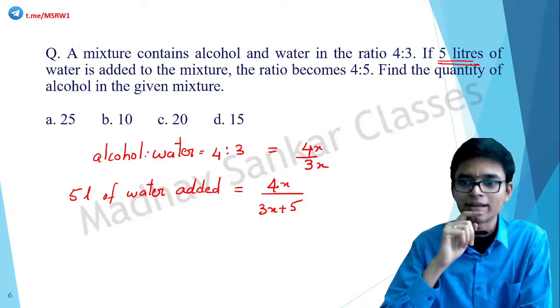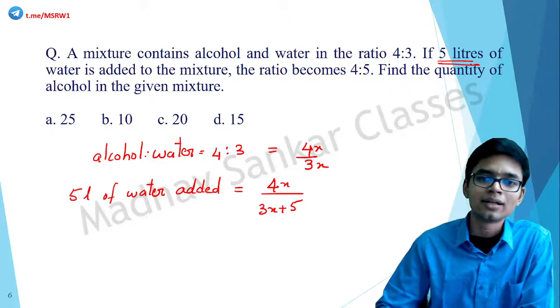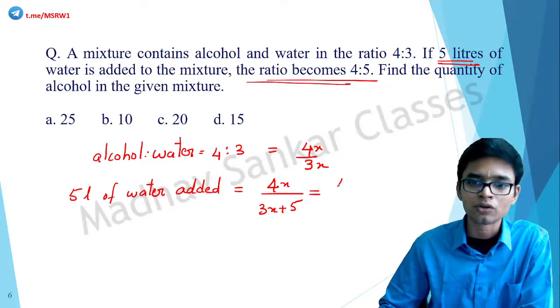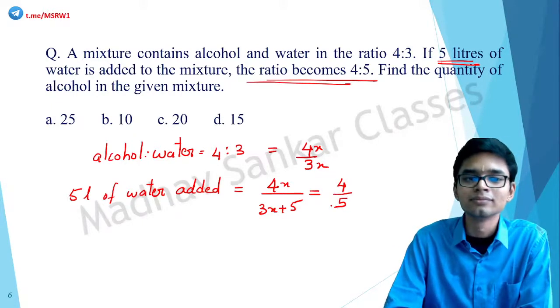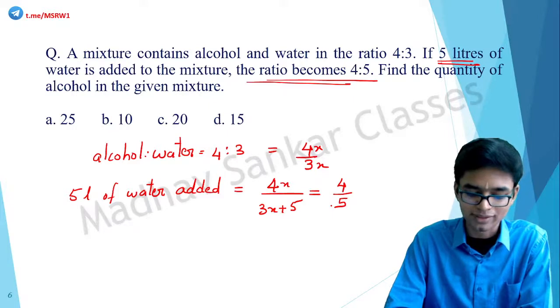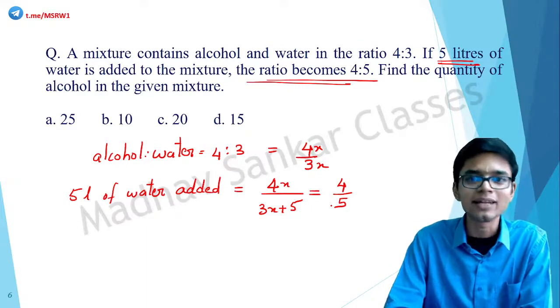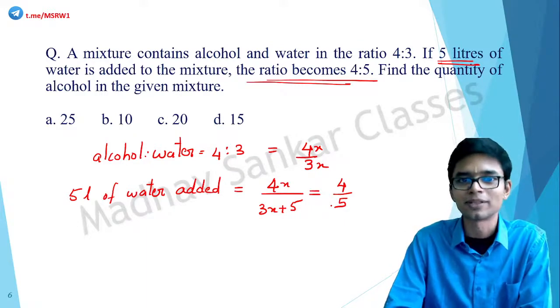And the question says that when this water is added, the ratio becomes 4:5. So this is equal to 4:5 or 4/5. Find the quantity of alcohol in the given mixture. That is the question. So you have to find the value of 4x. Correct. So first we have to find the value of x and then multiply it by 4. Very simple.